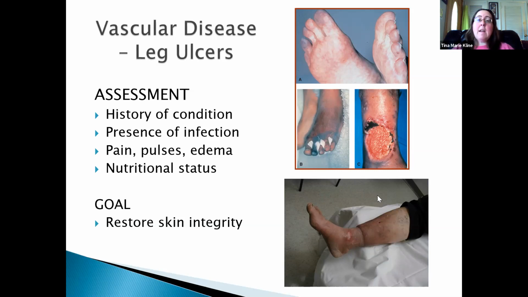Next question: a patient who appears to have cellulitis on their legs, do they potentially have the start of venous disease ulcers? Absolutely they do. Patients with cellulitis, particularly related to peripheral venous disease, have that pooling of the blood and fluids. When you have too much of that down there, that increases the risk for breakdown of skin integrity.